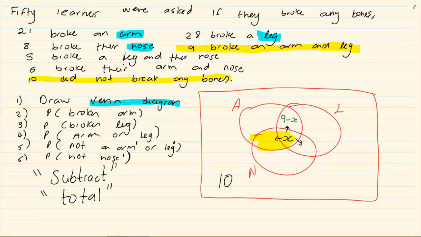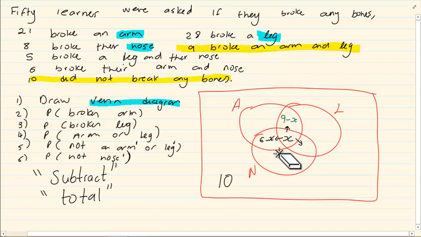So if I am doing this part, then it has to be 6 minus x. Because when I'm totaling, then it must equal 6. So 6 minus x plus x gives me 6. Now you're done with arm and nose.